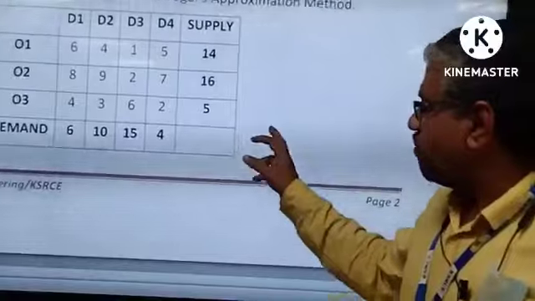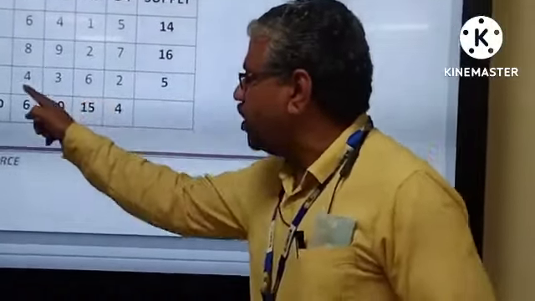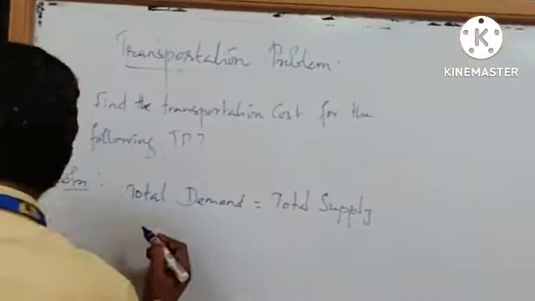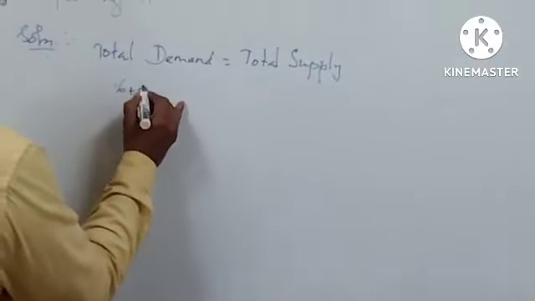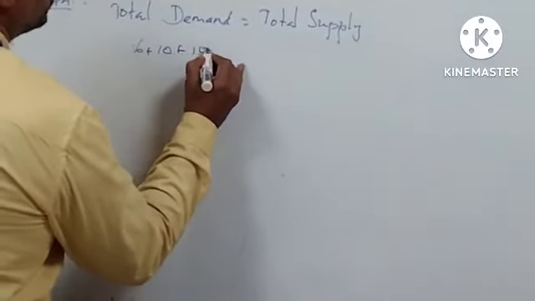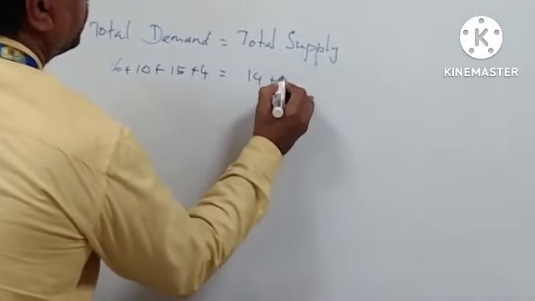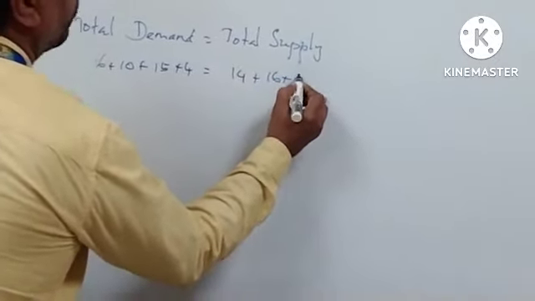Before solving the problem, we have to check whether total supply will be equal to total demand. That is what we are going to do right now. So 6 plus 10 plus 15 plus 4 is equal to 14 plus 16 plus 5.